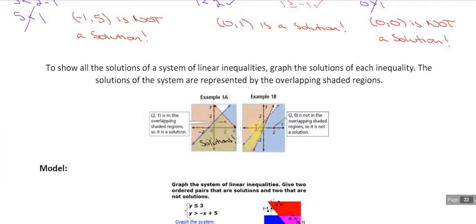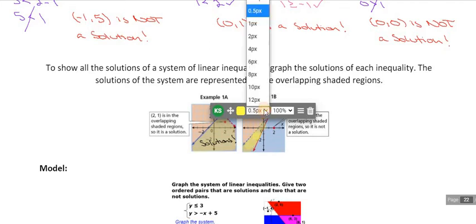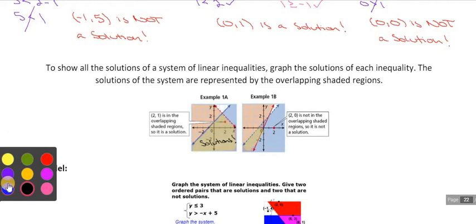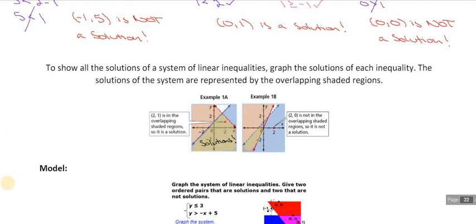Okay, you get the idea. So there is our solution region in that small piece. So anything that is outside of this little solution region does not work, not a solution.